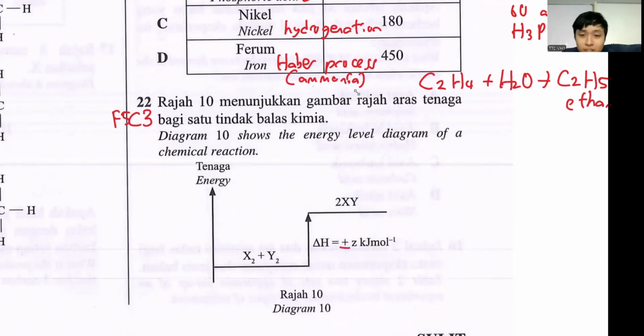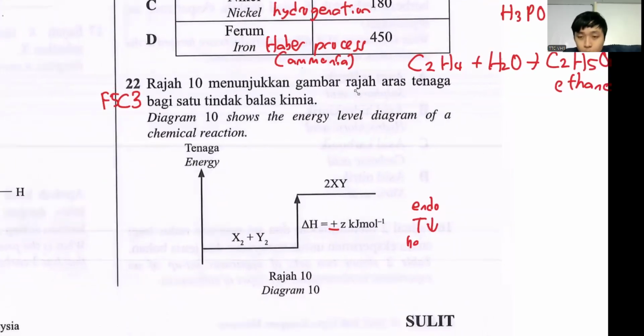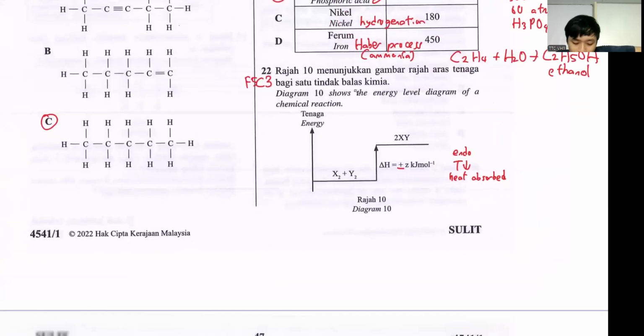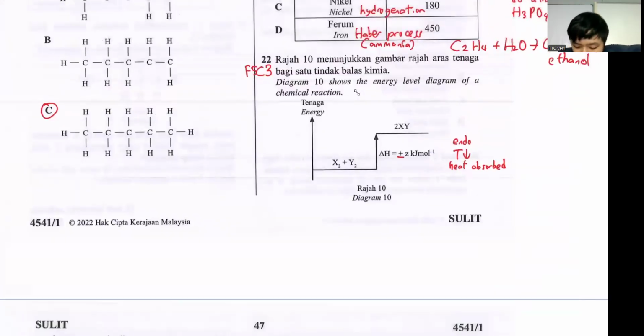Positive sign indicates an endothermic reaction where the temperature of the mixture decreases. It means the heat is absorbed from the surrounding. And the total energy of reactant is lower than product.